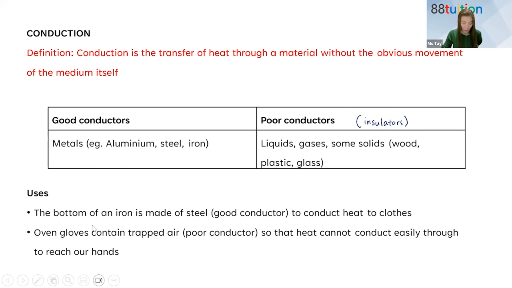So we talk about the iron, the oven gloves, even your winter jackets. Why do they keep you warm? Why do blankets also keep you warm? Because air is being trapped. Same logic here. Air is a poor conductor of heat. That's why we can be kept warm.